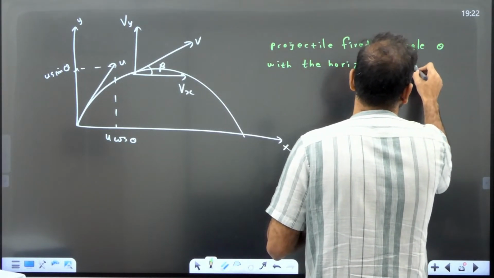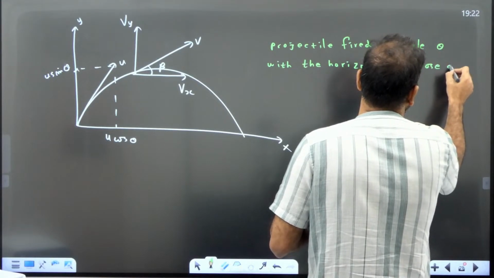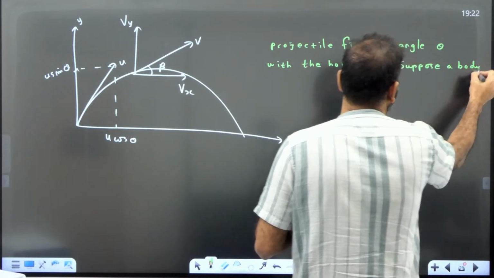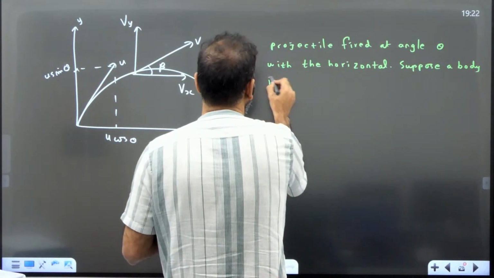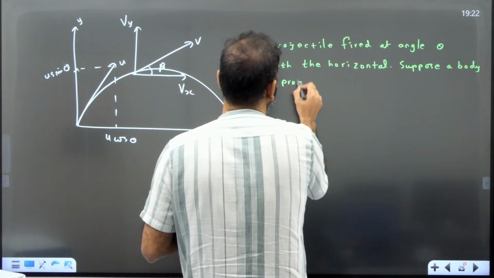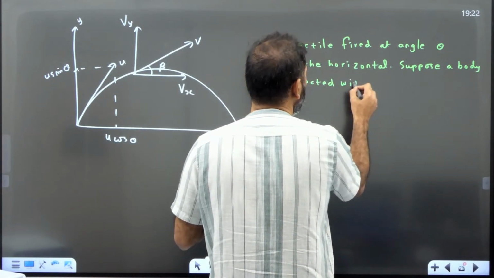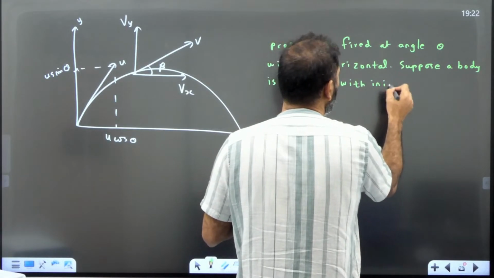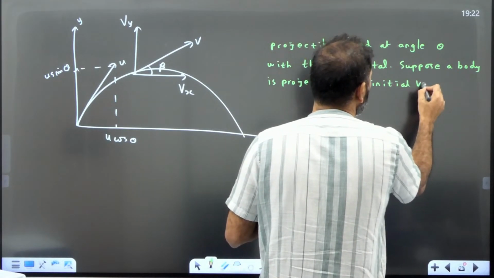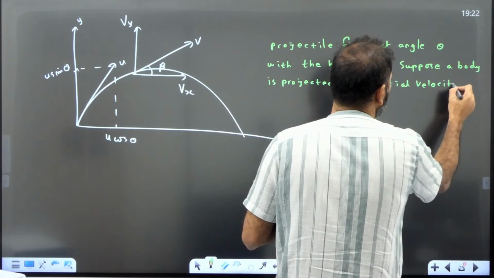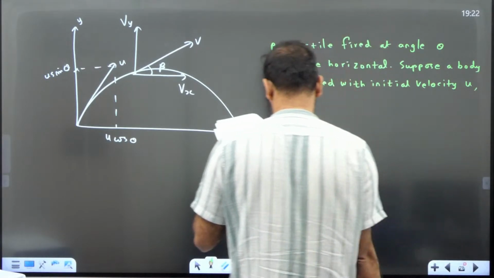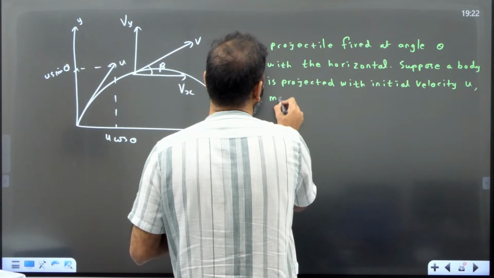Suppose a body is projected with the initial velocity u, making an angle theta with the horizontal.